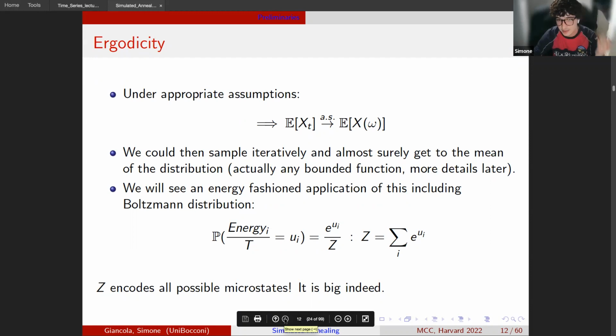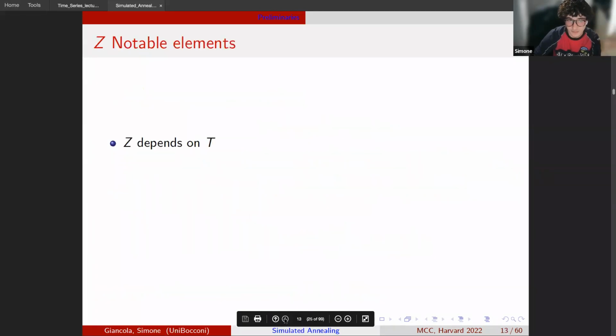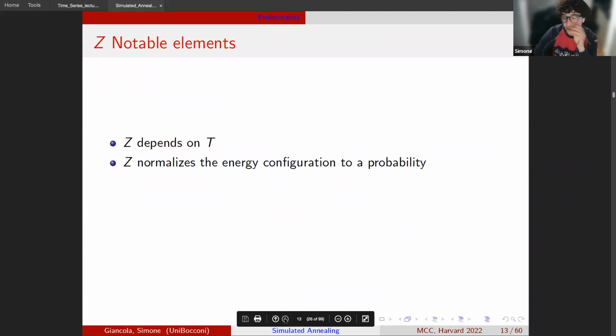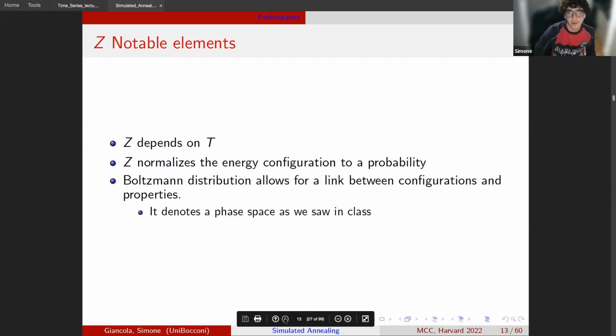But the Z is big because it's a sum over all microstates. So we cannot really use it, and we have to find a way to avoid using the whole Z. And Z also depends on temperature because it's the denominator of the distribution that Boltzmann derived.